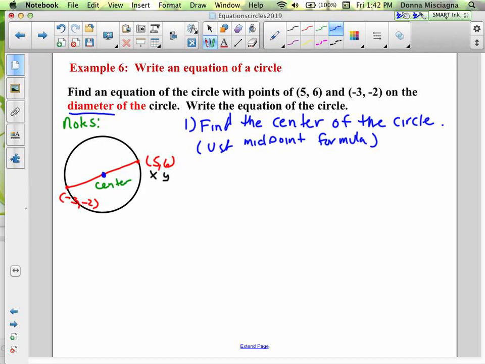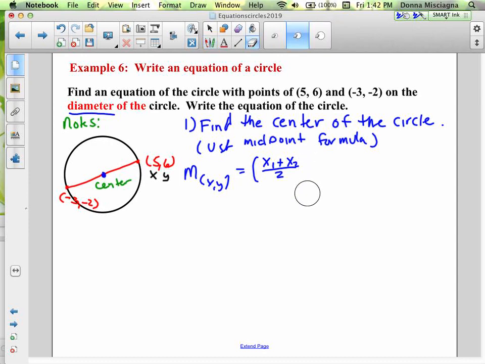And so the midpoint formula, this is just a point, right? The midpoint, it's got an x, got a y. It's equal to the sum of the x coordinates divided by 2, that would be the x coordinate of the midpoint, and the average of the y coordinates.